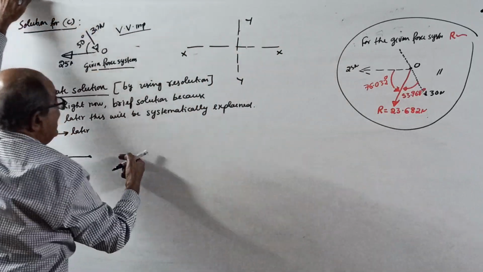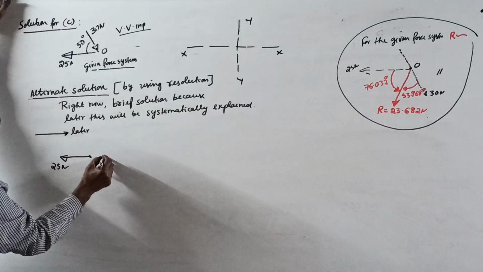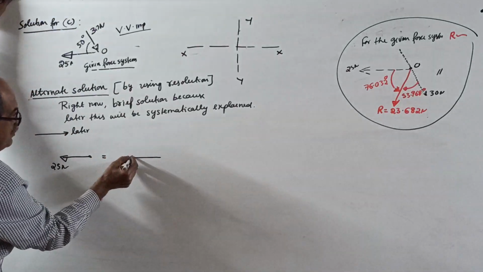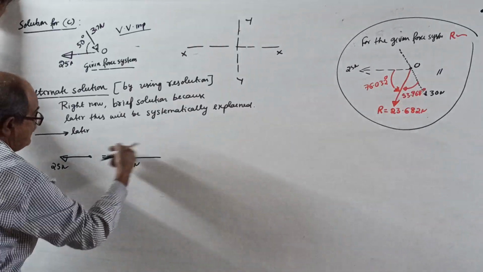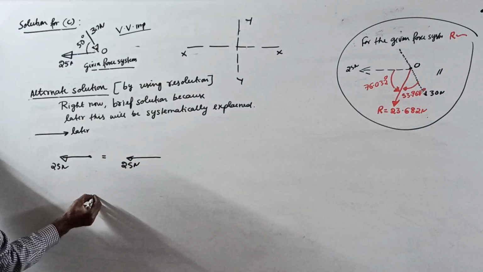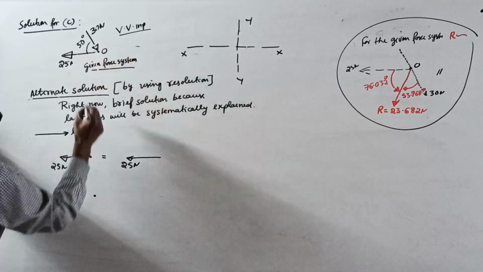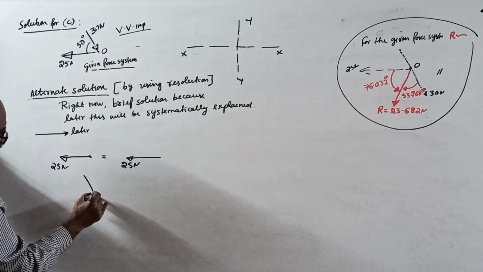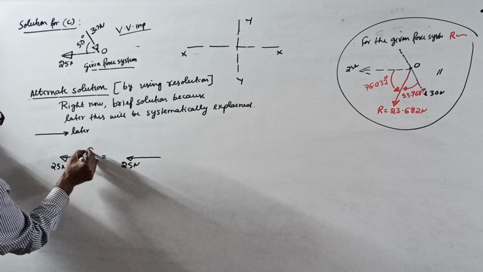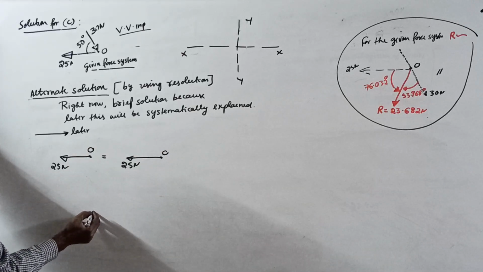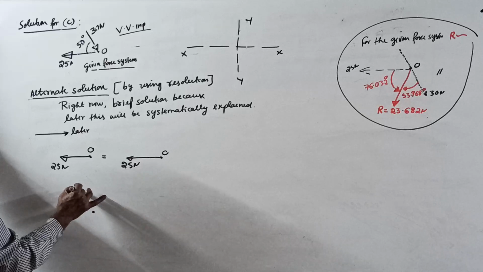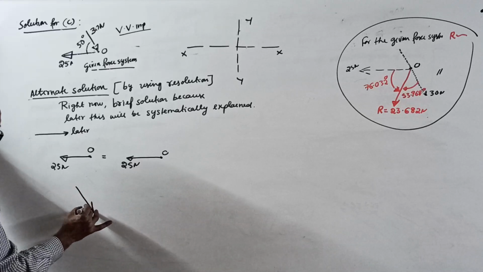Now, this is directly along X. This is equal to 25 only. Somebody will be laughing. Same, no resolution because it is purely along X'X. The 30 Newton force, see, it is here. This is a point O, this also to the point O. Okay, now, through the point O, 30 Newton is like this.